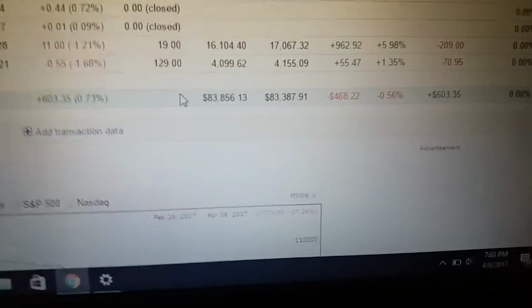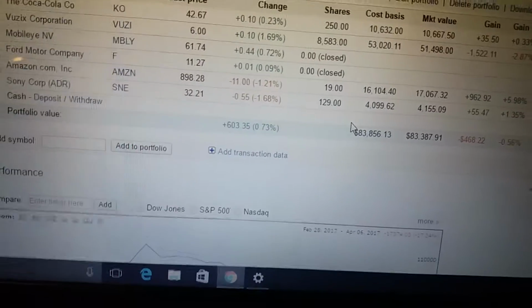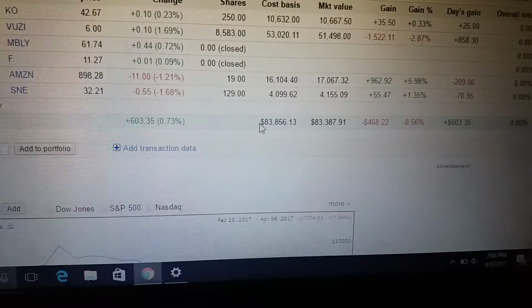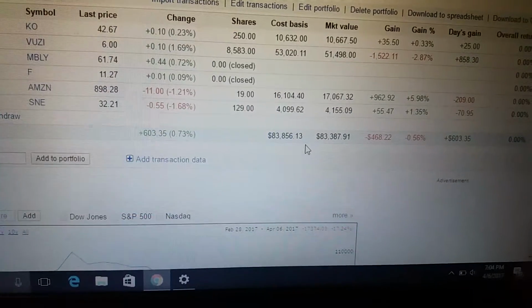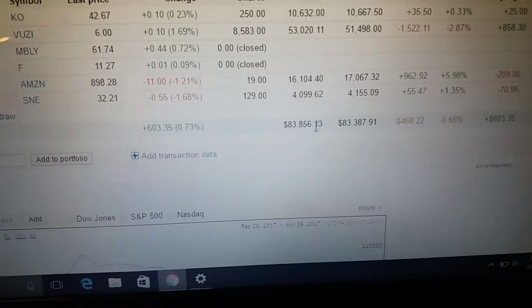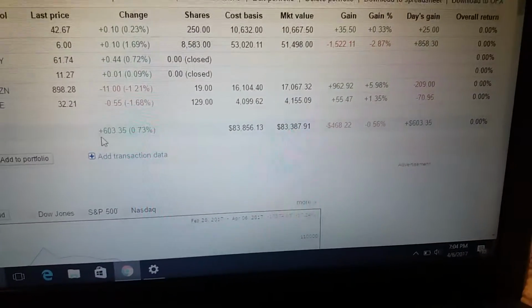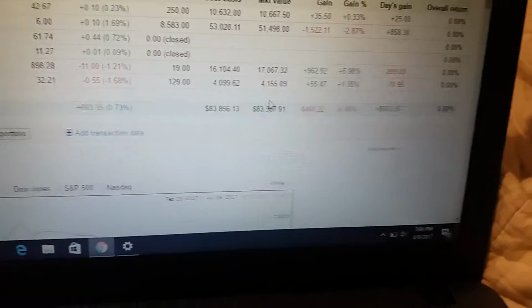Down here on the bottom, underneath, is the cost basis. The cost basis is how much you have spent right now: $83,856.13. Today your portfolio was up approximately $600.